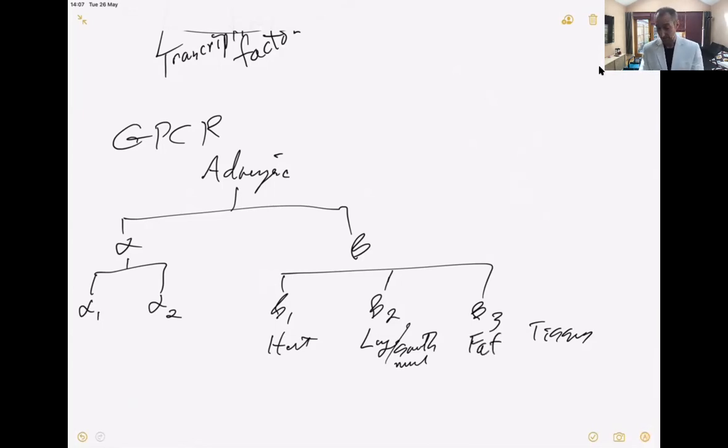Alpha 1's can be in a lot of places, but these can be on smooth muscle. And so can alpha 2, smooth muscle. Alpha 1's contract. Alpha 2's, I'll leave that up to you to think about whether they contract or not. A lot of neurons also have these types of things.